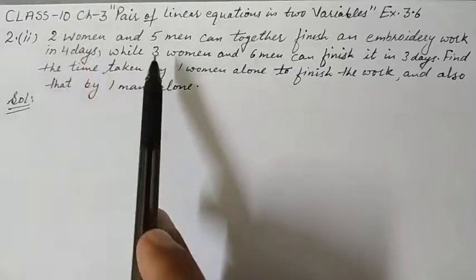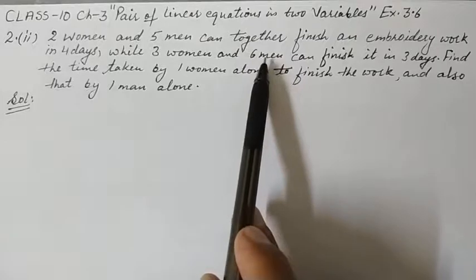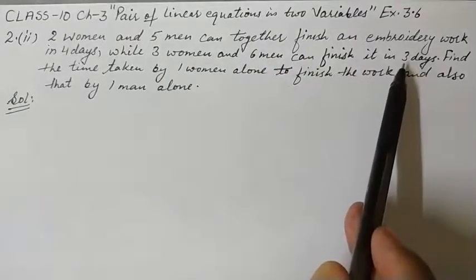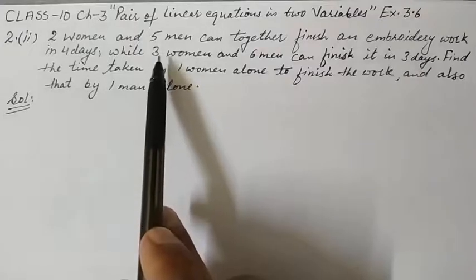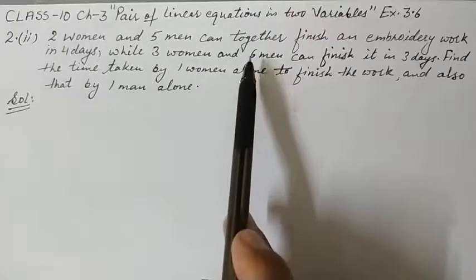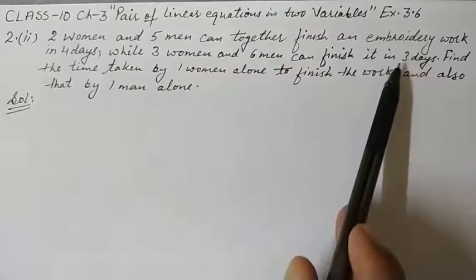And now in the second case, 3 women and 6 men, if they do this work, then they take just 3 days to complete the work. This is our second condition, that 3 women and 6 men, if they together do this work, take just 3 days.